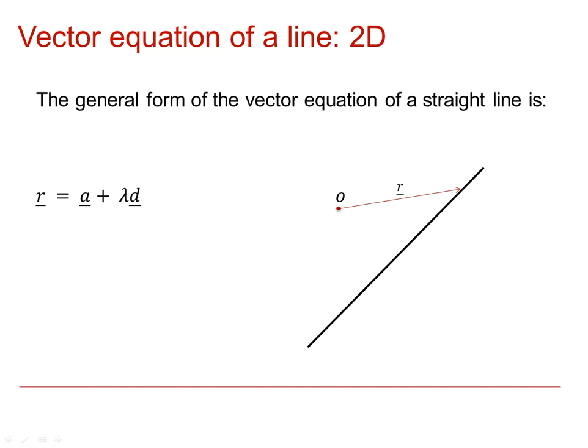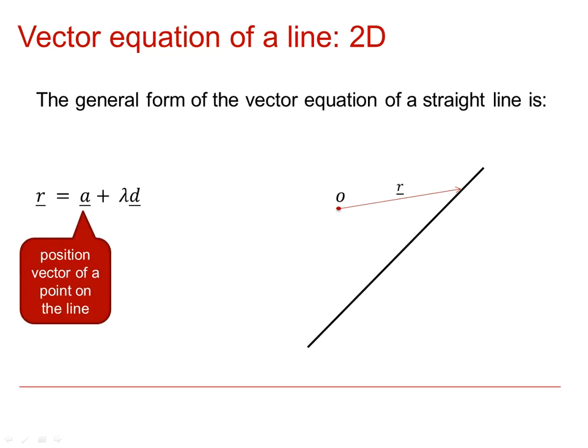The general form of a vector equation is r is equal to a plus lambda d. So r is a point on the line, and we're trying to find an equation for its position vector. The components of the right hand side are such that A is a position vector of a point on the line.